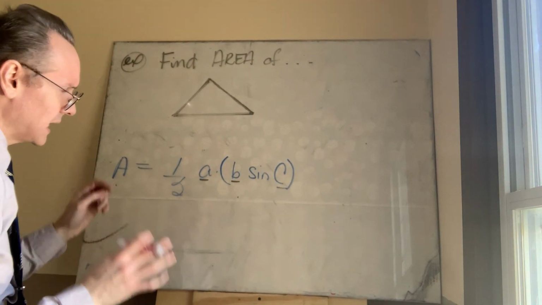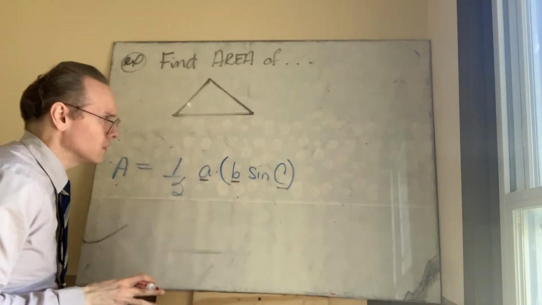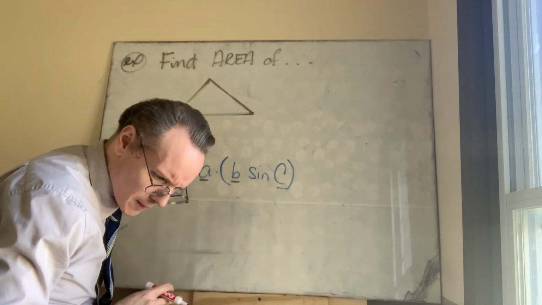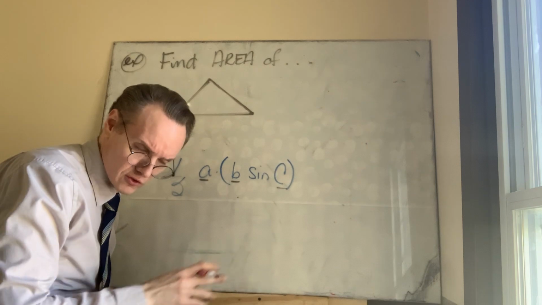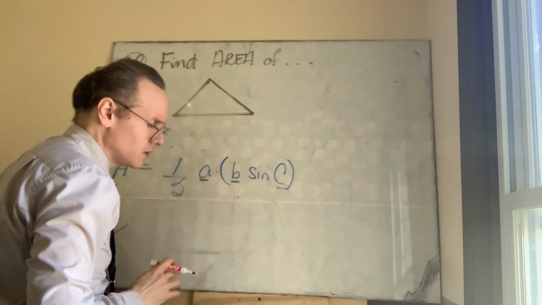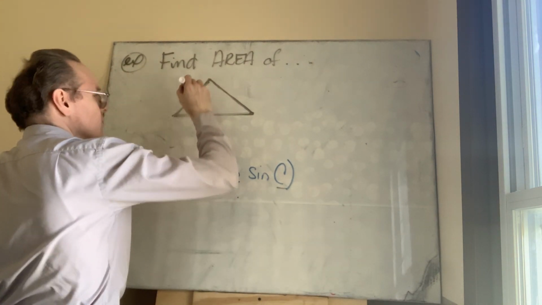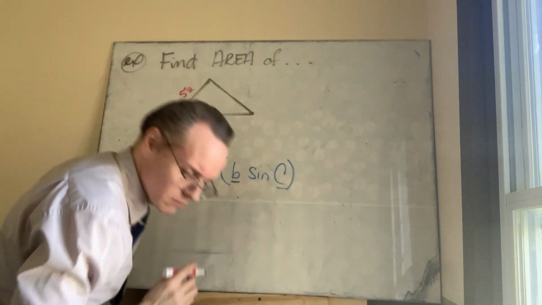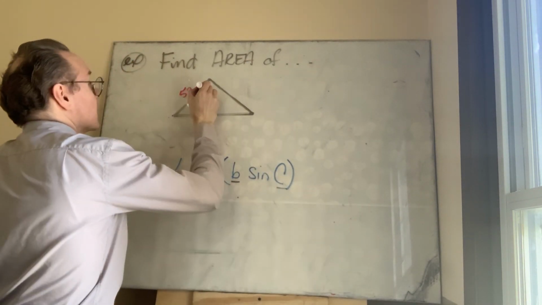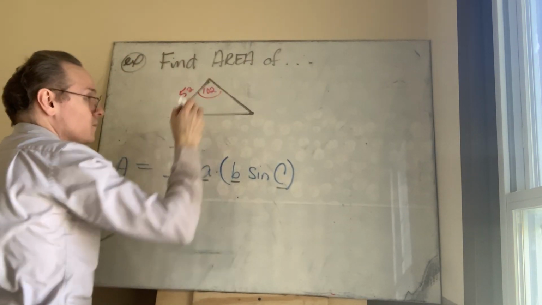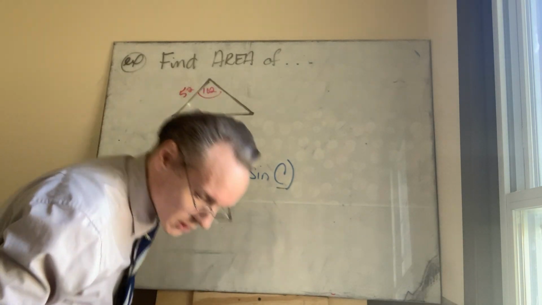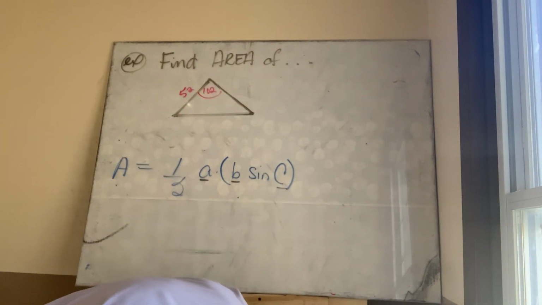Let's say that they didn't label the dimensions, they didn't use letters, they just used the measurement. Suppose that this is 52, and this angle here is 102, and this dimension here is 90.